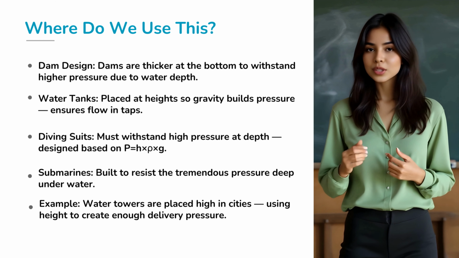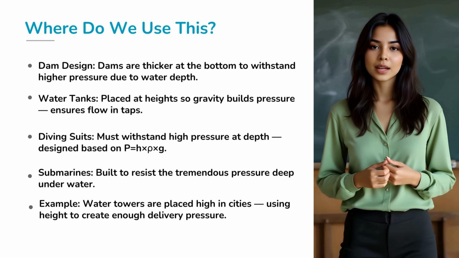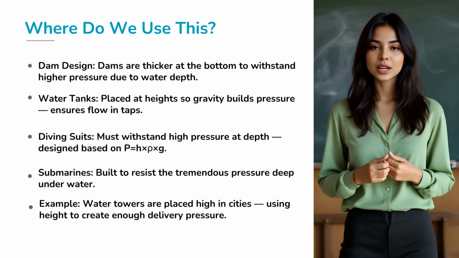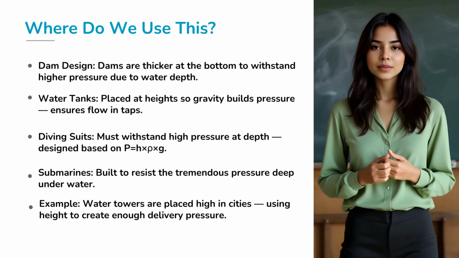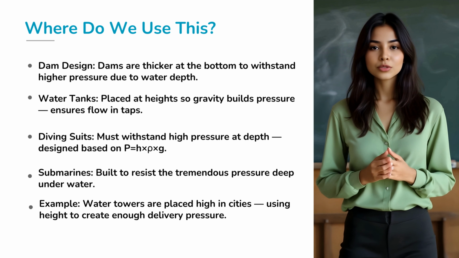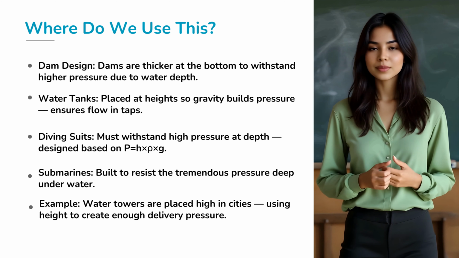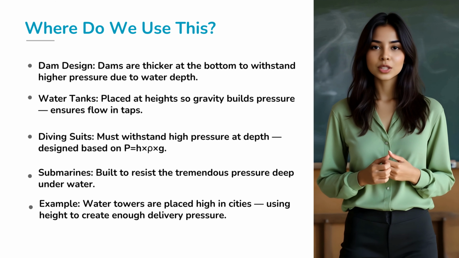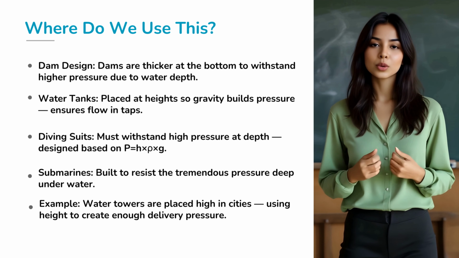That's why the higher your tank, the stronger your water flow. Divers and submarines use equipment specially designed to withstand the massive pressure at deep underwater levels. Even deep-sea creatures have evolved to survive the intense liquid pressure where sunlight never reaches. So this isn't just theory, it's how we manage water, design cities, and explore the oceans.